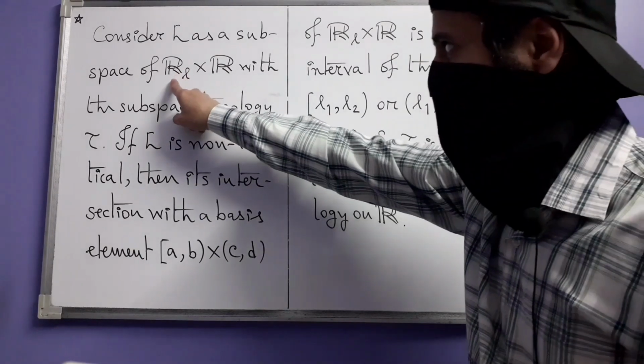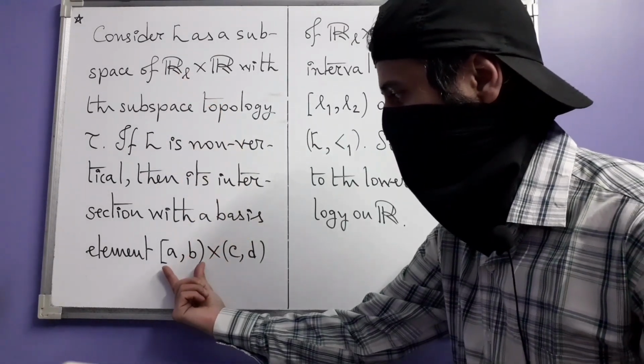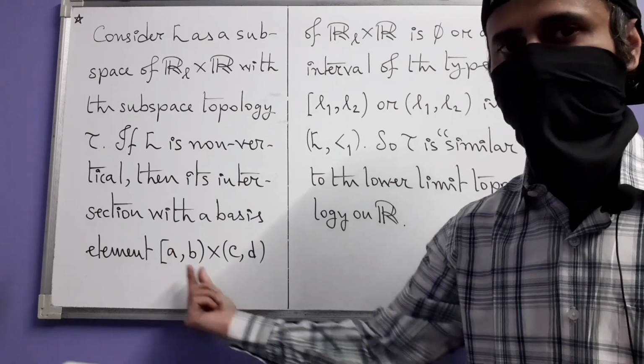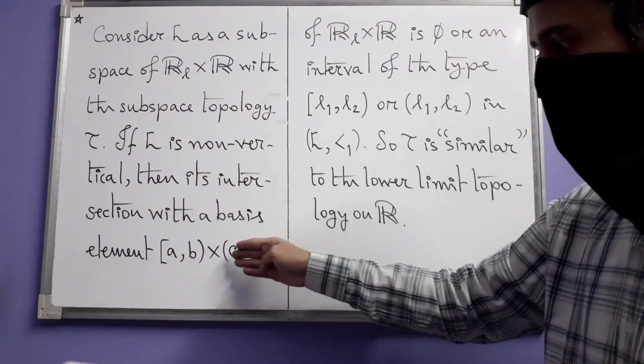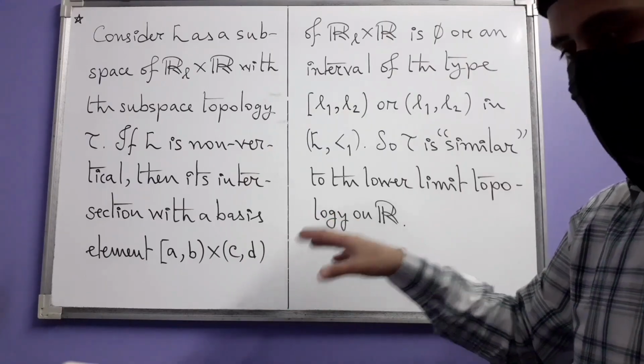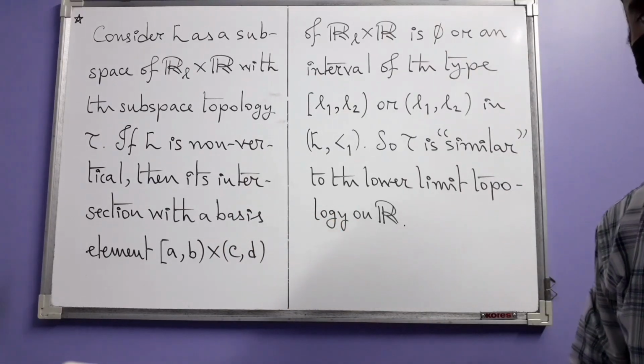And R_L has a basis where the elements look like this, closed-open intervals, and our usual R of course has a basis where the basis elements are open intervals.